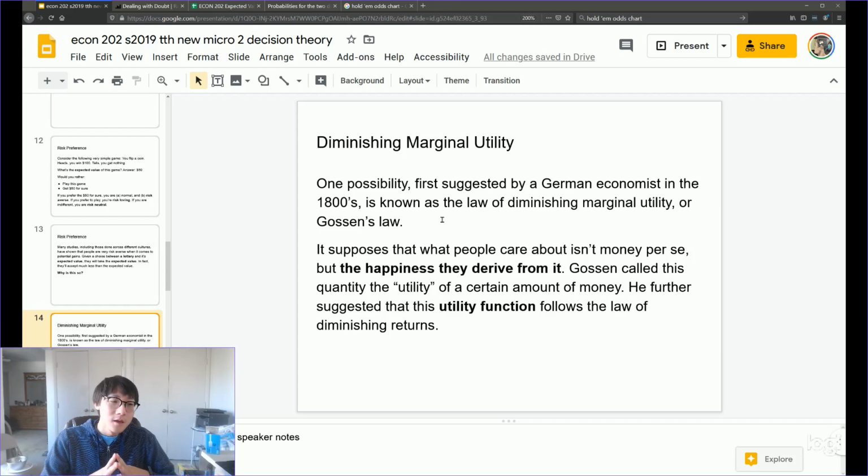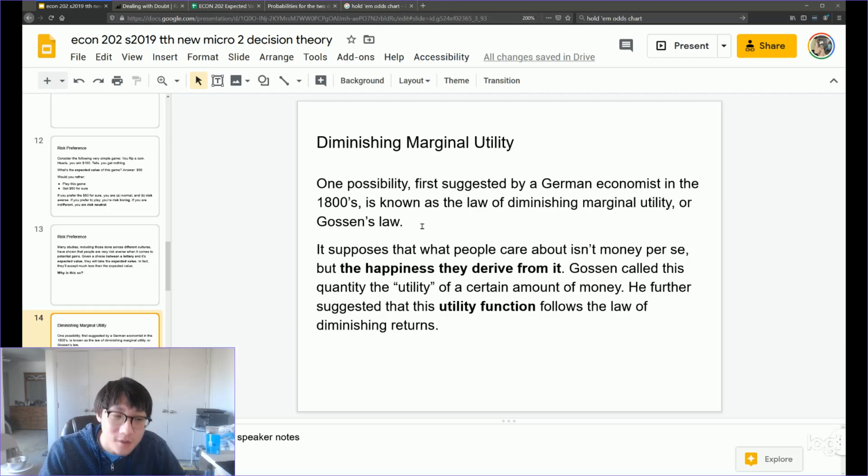Okay? And so then the question is, how much utility do you get out of a certain amount of money? What is the relationship between the amount of money that you have and the amount of utility that you enjoy? Well, that's tantamount to asking the question, what is your utility function?